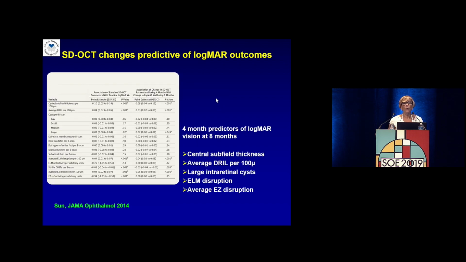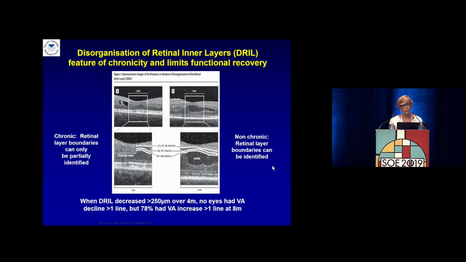Other studies look at a little bit different OCT biomarkers, and I want to mention the study of Jennifer Sun that was already published a few years ago, but it's also been repeatedly shown. She looked at various OCT parameters, but I think her biggest contribution was the coining of the definition of DRIL. DRIL is disorganization of the retinal inner layers, as opposed to the outer layers that was looked at in many previous studies.